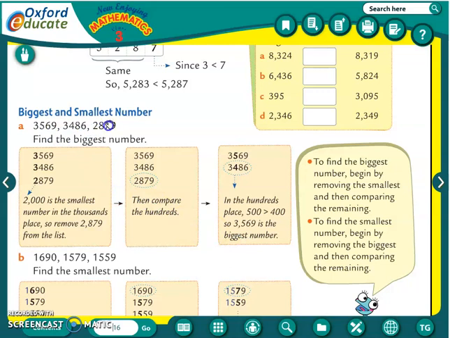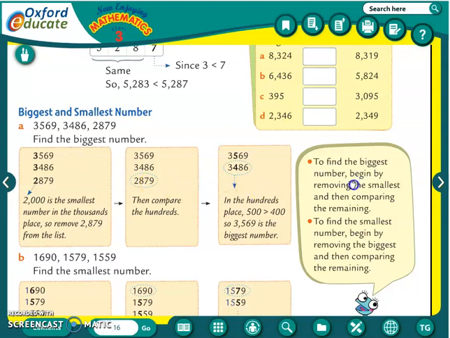मतलब कि ये तीनों नंबर में सबसे बड़ा नंबर कौन सा है? 3569. ओके, हमें सबसे पहले 1000 में कंपेयर करना है और फिर उसमें अगर सेम होता है तो भी हमें हंड्रेड्स में कंपेयर करना है. So if we find the number in the hundreds, then we can say easily which one is bigger number.